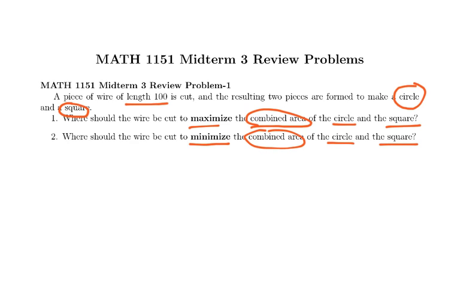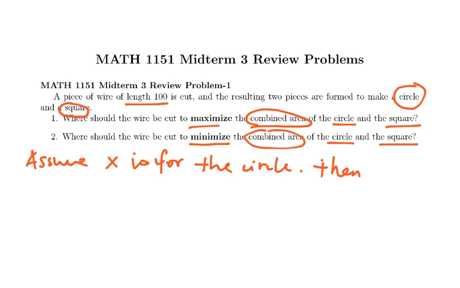Okay, so we assume that x is used to form the circle, and then 100 minus x is used for the square.